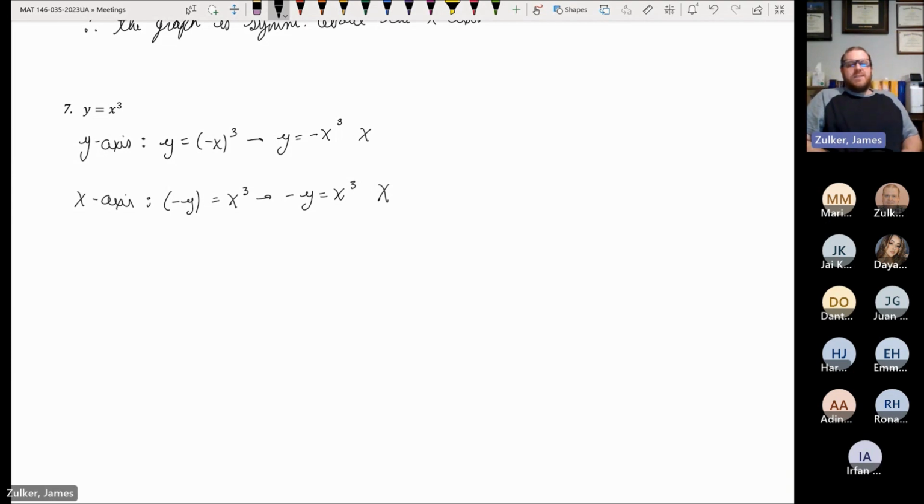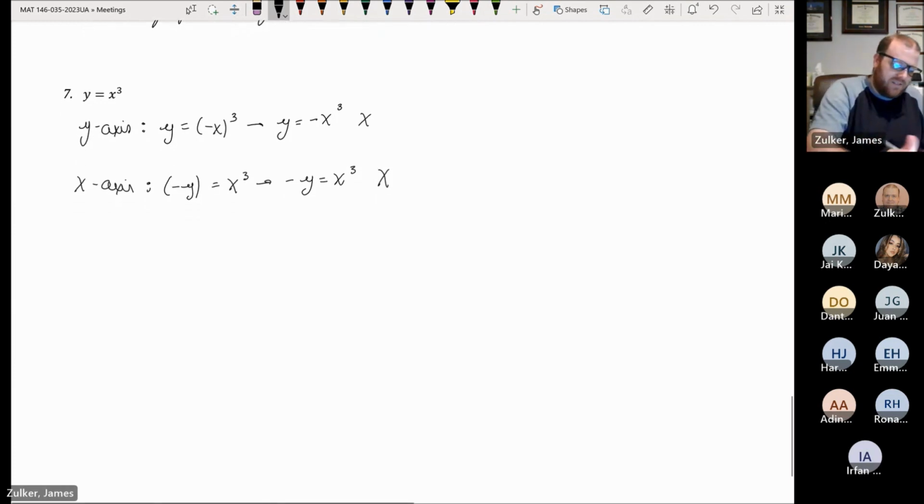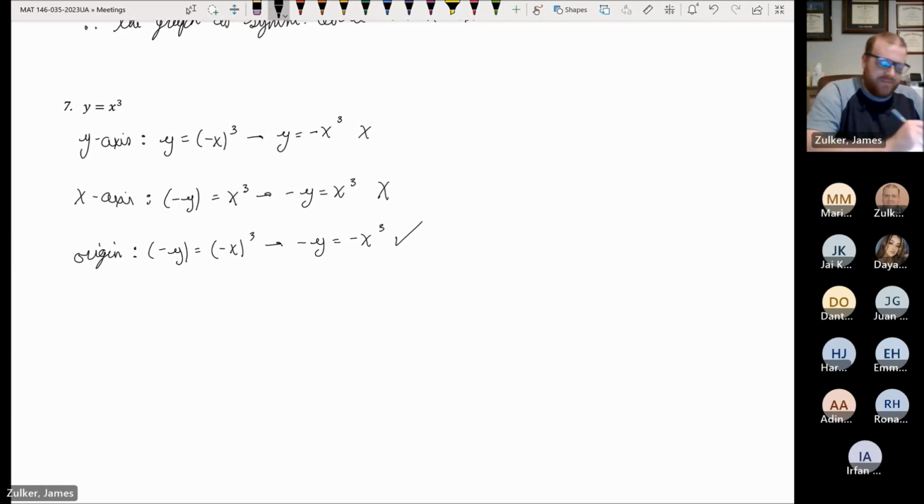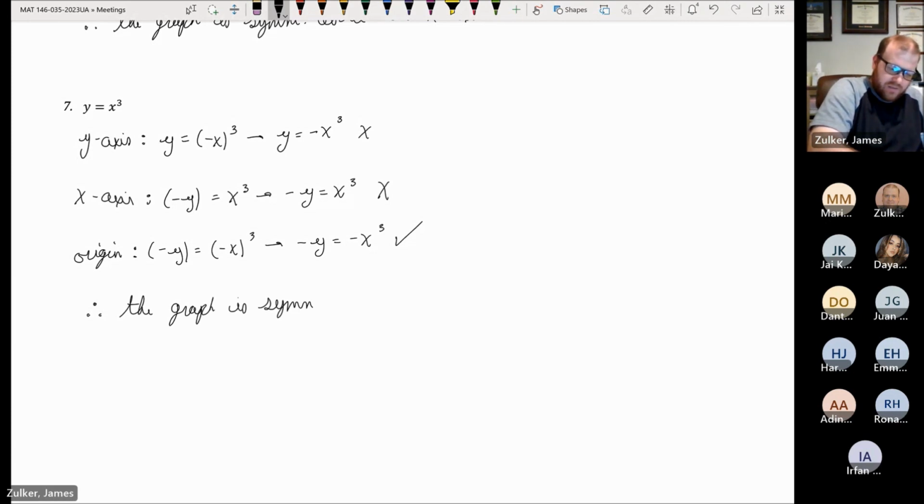We get negative y is equal to x cubed, so that's not the same. Now check the origin. Negative y equals negative x cubed. They are the same. So we only have symmetry about the origin.